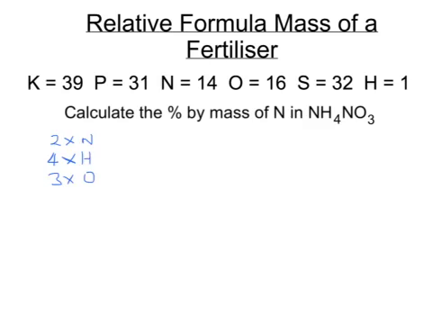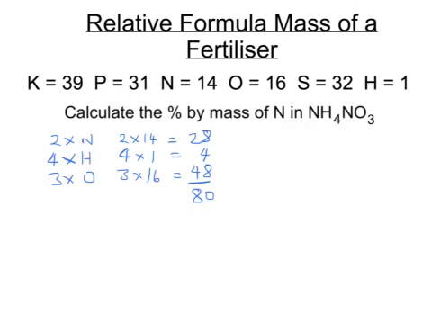So the 2 nitrogen atoms will weigh 2 lots of 14, which is 28 units. The 4 hydrogens will weigh 4 lots of 1, which is 4 units. And the 3 oxygens will weigh 3 lots of 16, which is 48 units, making a total of 80.